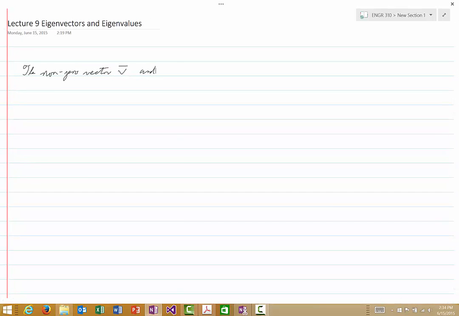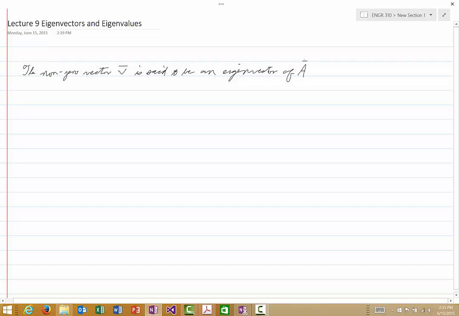The non-zero vector v is said to be an eigenvector of A with associated eigenvalue lambda if Av equals lambda v.